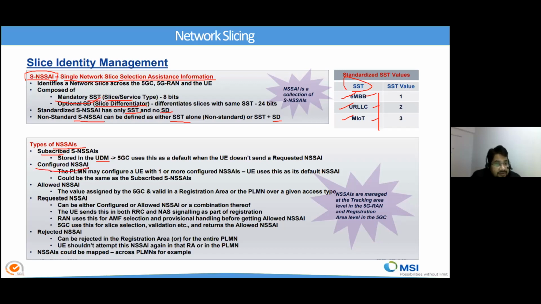And there is a configured NSSAI, an allowed NSSAI, a requested NSSAI, and a rejected NSSAI. These are the different technical terms which come into the picture when the UE is going to support those particular use cases, so that the UE will be able to identify from those identities what kind of slice it is going to be served by.